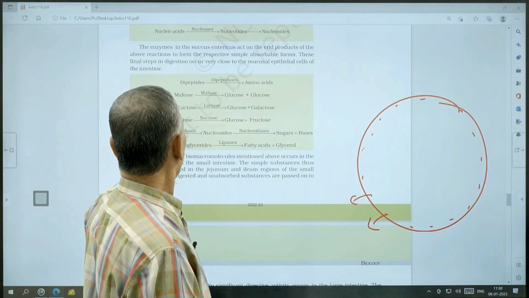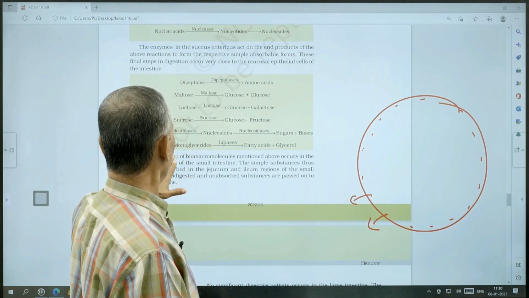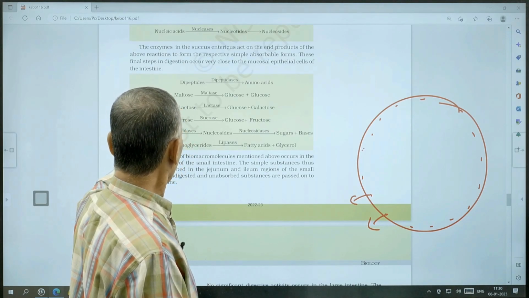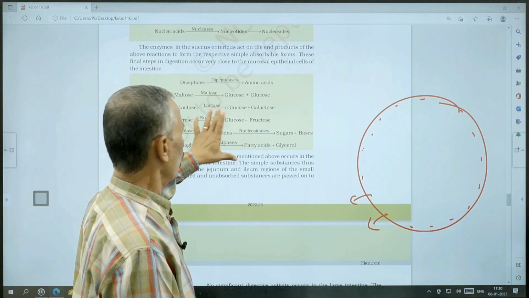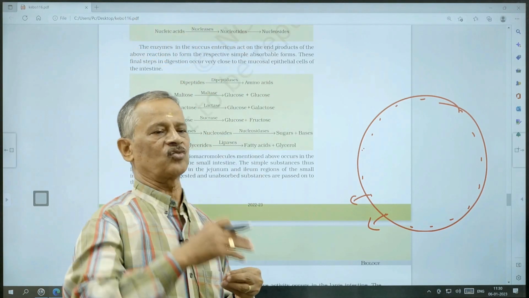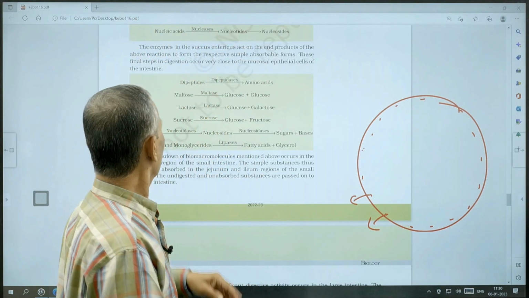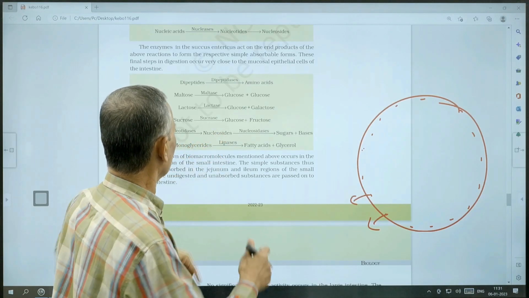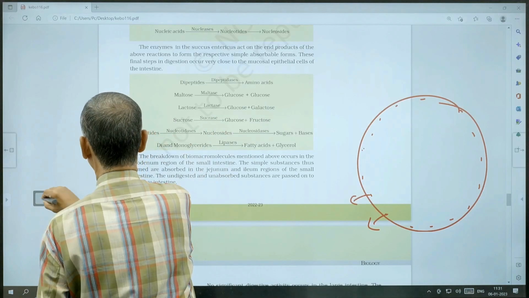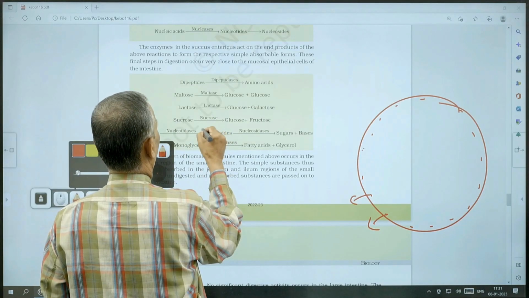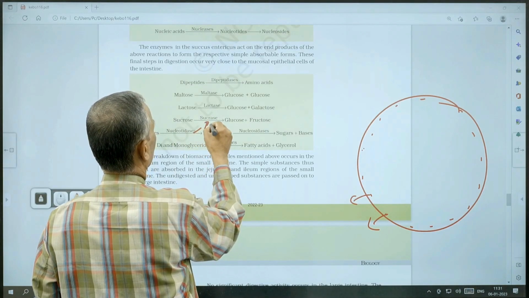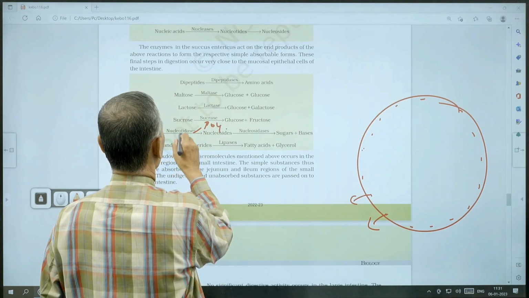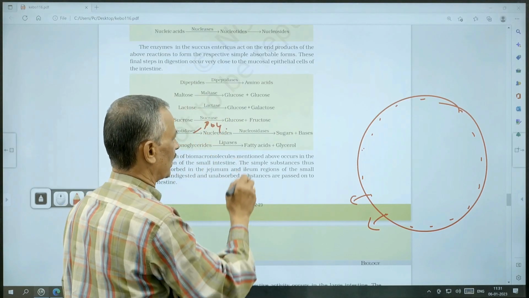Now, the nucleic acids, which were converted into nucleotides by the pancreatic enzymes, are converted into nucleosides by eliminating phosphate. By removing phosphate, nucleotides are converted into nucleosides and phosphate with the help of nucleotidases.